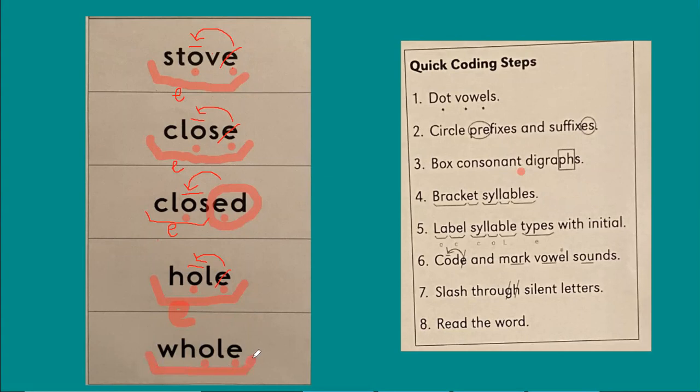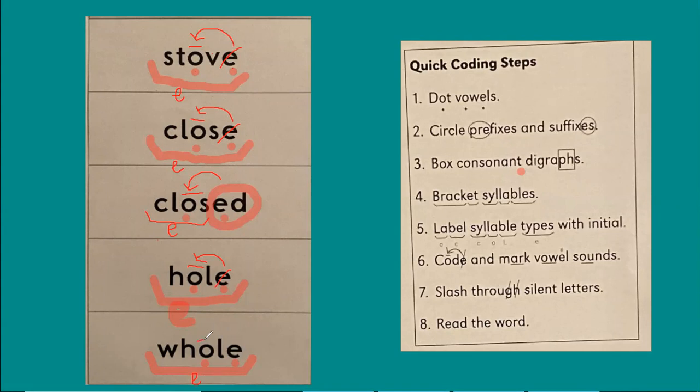Okay. But then let's mark, we need to code and mark the vowel sounds. So we see our magic E pattern, the O, long O, consonant, magic E. So we put a magic E syllable. Label that under there.